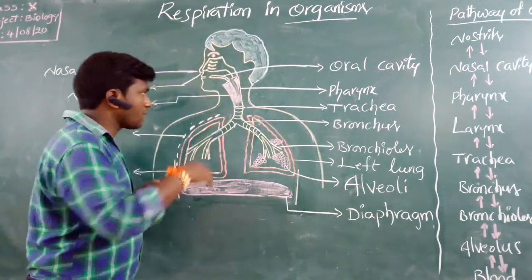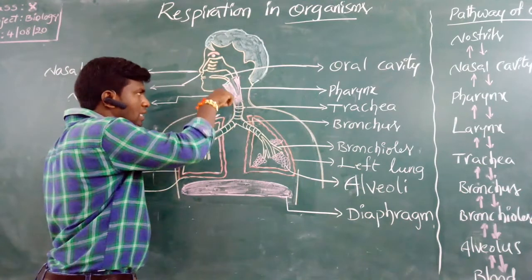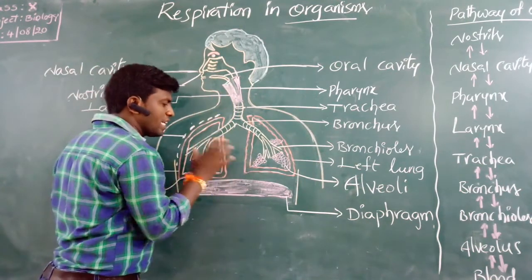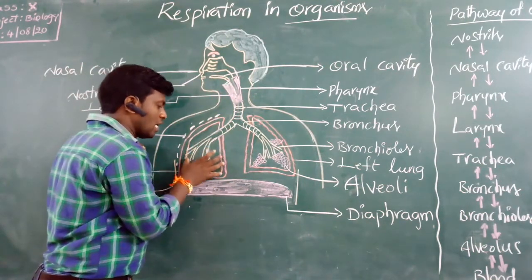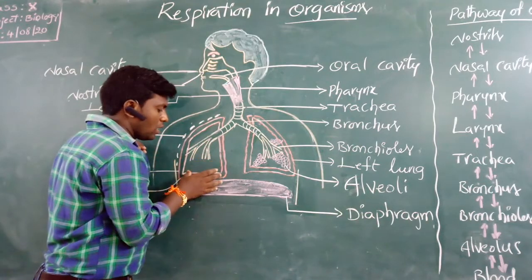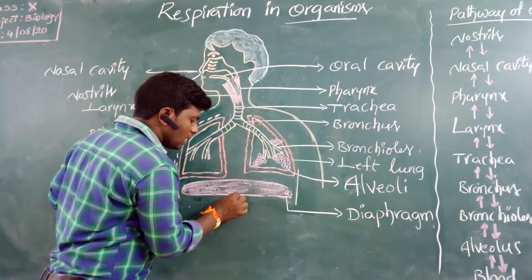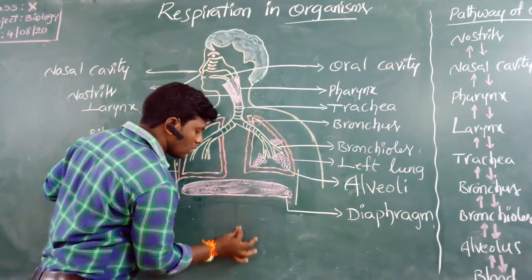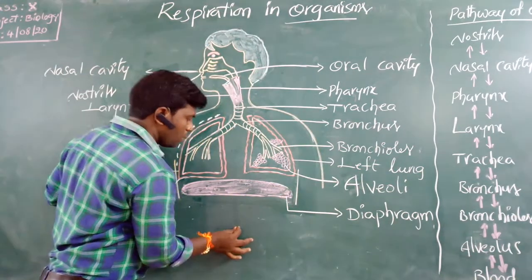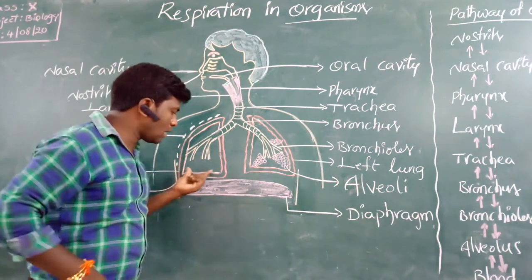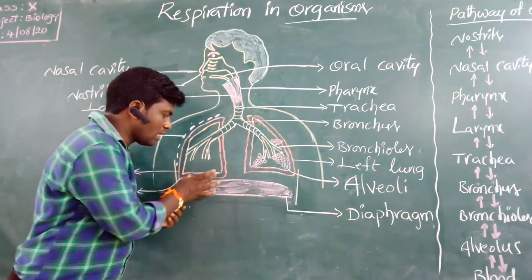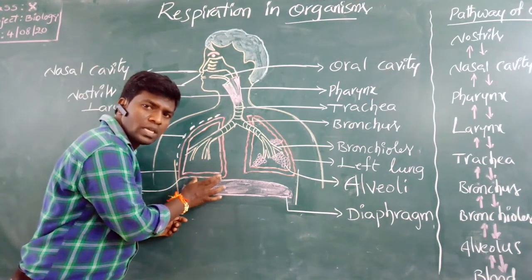While we are breathing in, our lungs are filled with air, so the lung size increases. The lungs are coming down, so automatically the diaphragm comes down, because the lungs are filling with air and their volume is increasing.